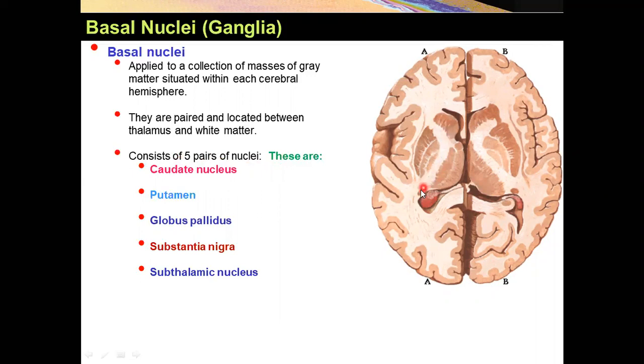Here you see the tail of the caudate nucleus. Then the putamen, this is the putamen. And the globus pallidus. Globus means globe, pallidus means pale, light in color. And then the substantia nigra, and the subthalamic nucleus, we don't see them on this picture.